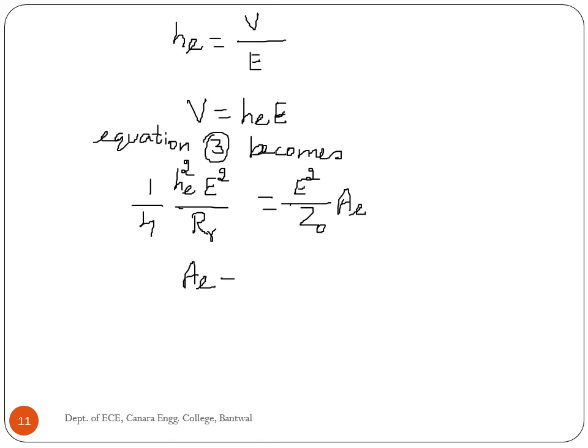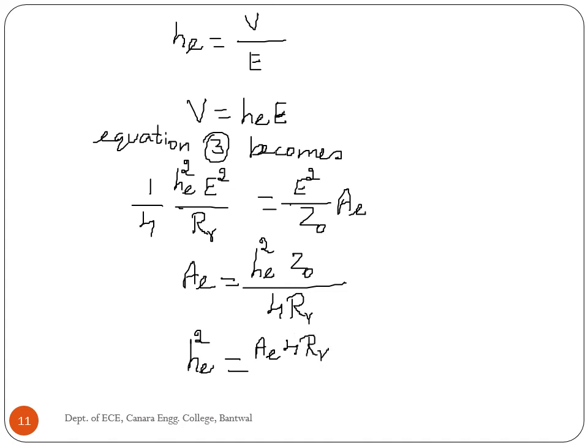Therefore, AE is equal to HE square into Z0 divided by 4 RR. So, effective height HE square is equal to AE 4 RR divided by Z0.